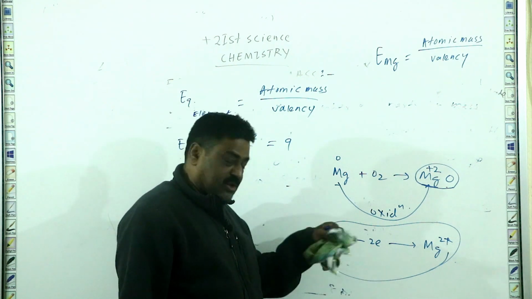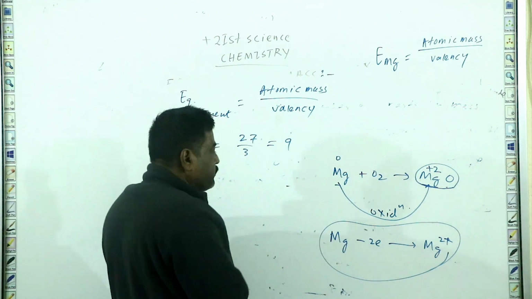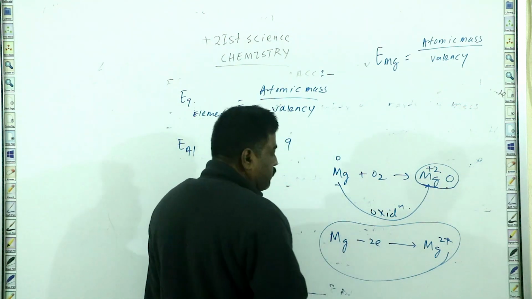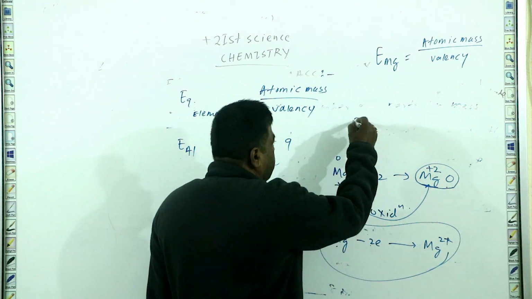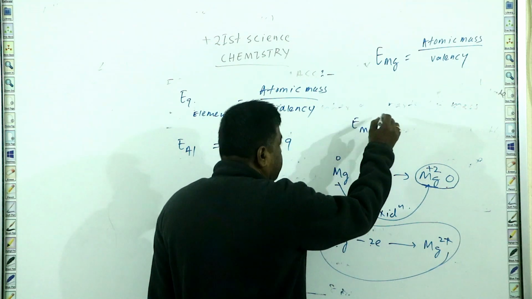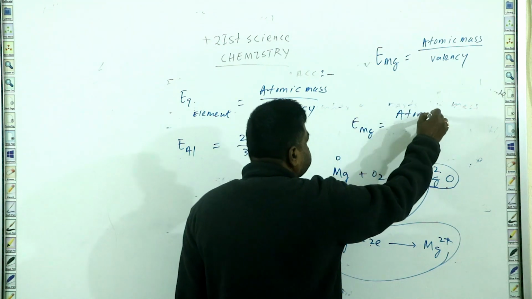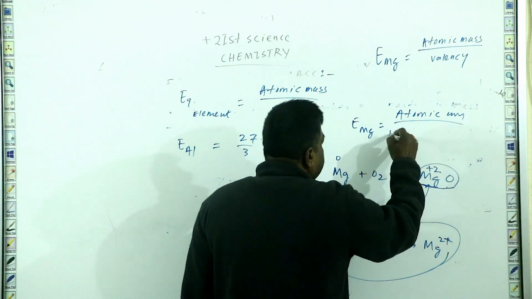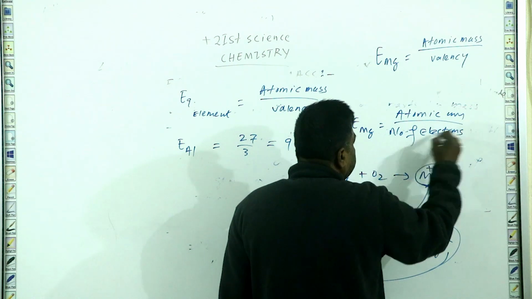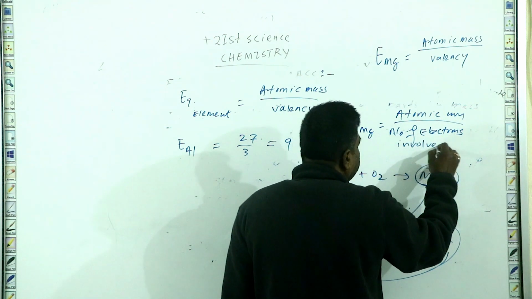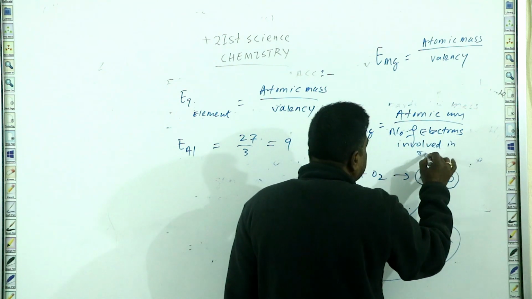So the oxidation of magnesium involves 2 electrons. Therefore the equivalent mass of magnesium you can write as the atomic mass by the number of electrons involved in the redox process.